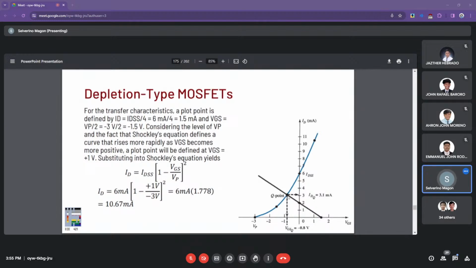So you have the Q point plotted in this case for the 1.5 milliamps.